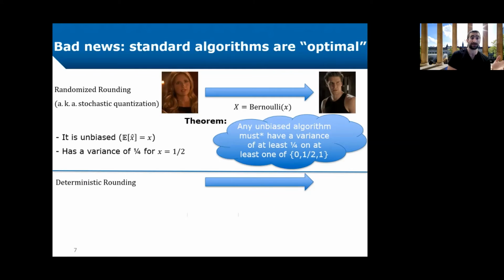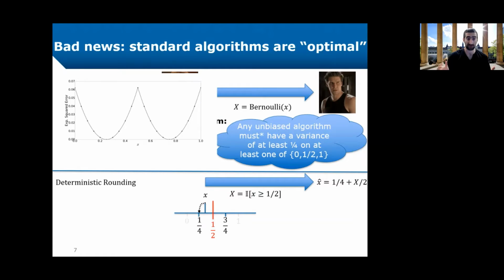A second standard algorithm is called deterministic rounding. Here, Buffy will send 1 if x is more than 1/2. And Angel will estimate x as 1/4 if x is lower than 1/2, like in this example, or 3/4 if it was larger. This is what the expected squared error looks like.